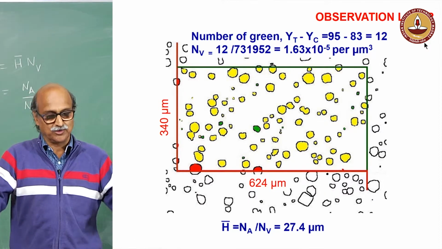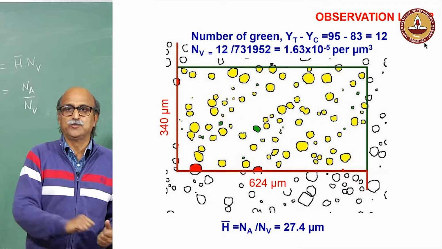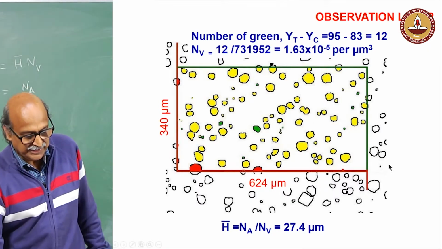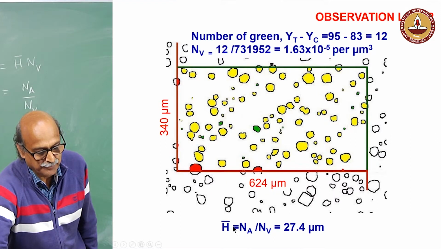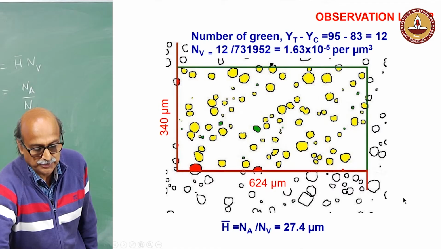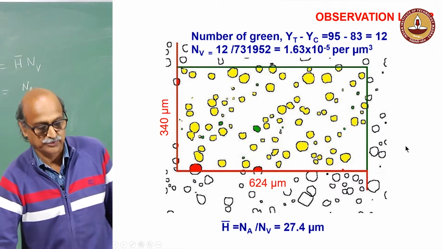So, now I have really got the actual numerical density of the graphite nodules. I can get the mean tangent diameter as Na upon Nv, and that turns out to be 27.4 microns.